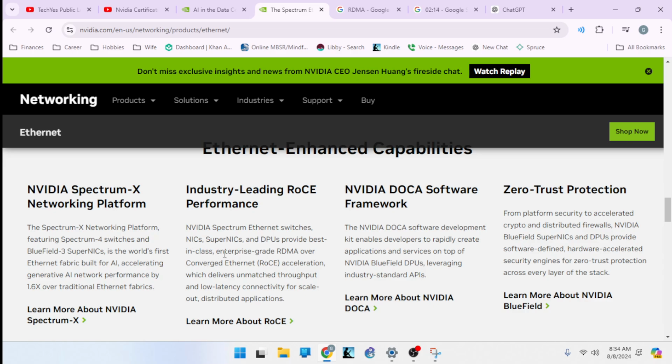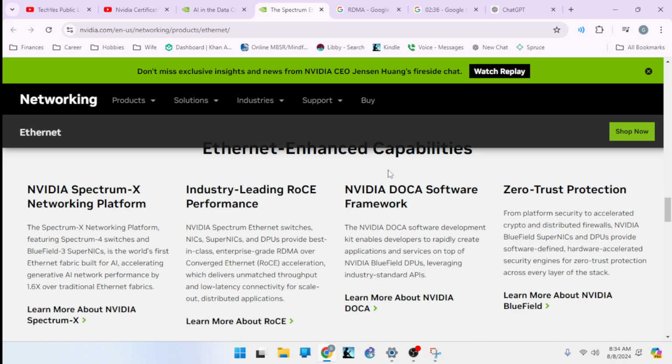So best in class enterprise grade remote direct memory access over converged Ethernet acceleration, RoCE, which delivers unmatched throughput and low latency connectivity for scale out distributed applications.